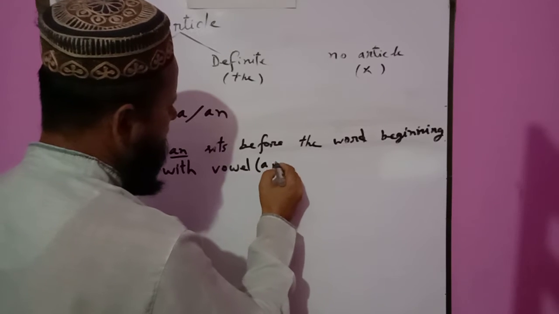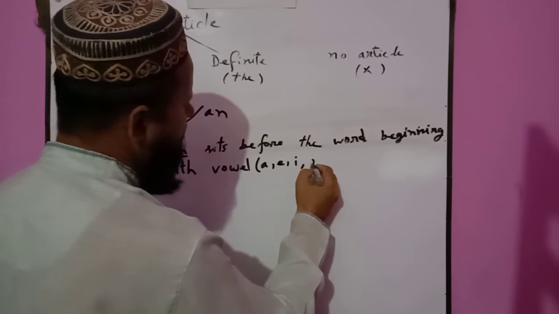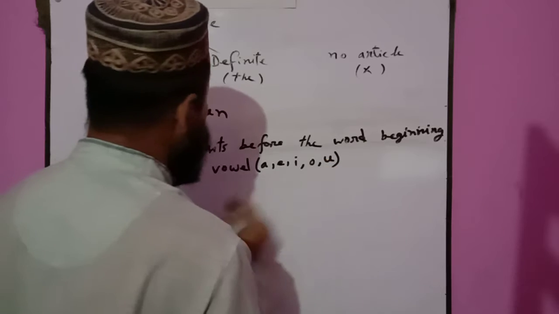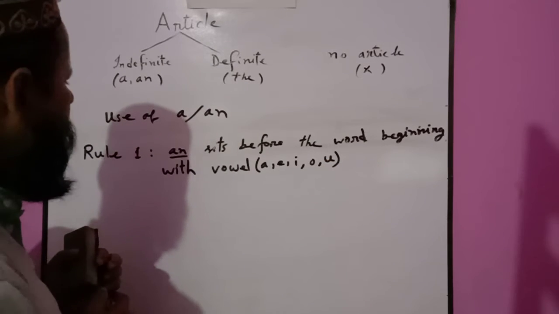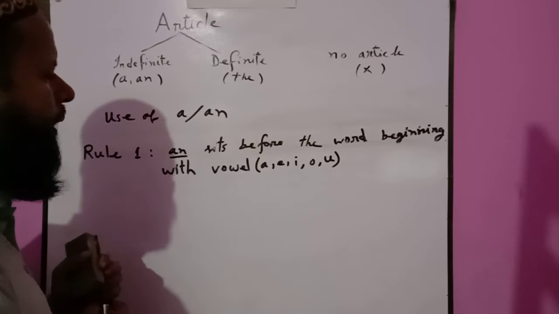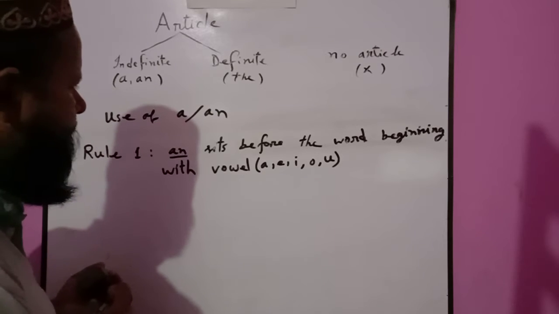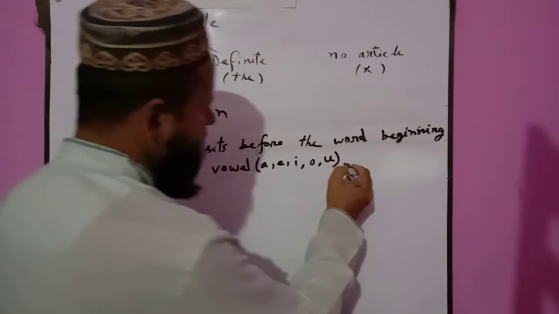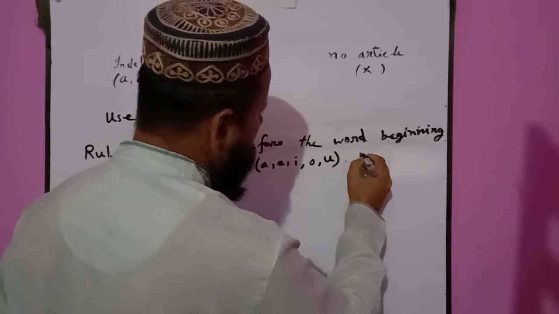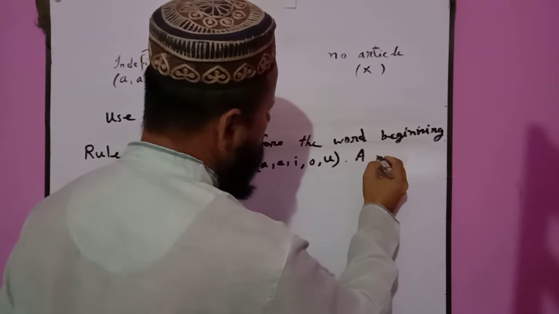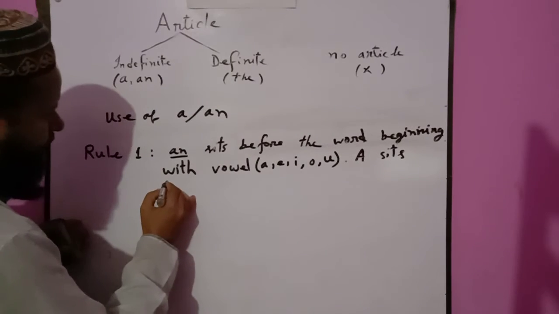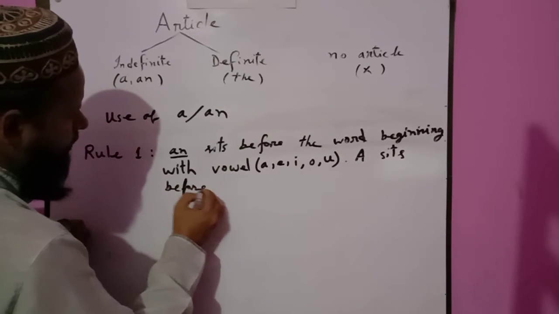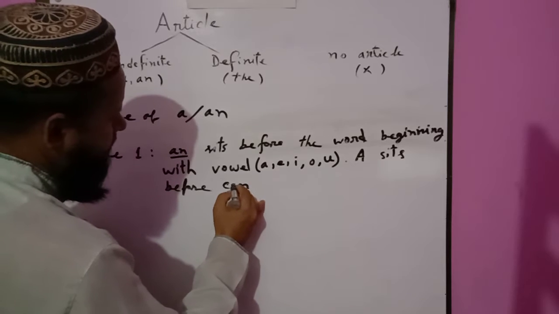Vowel: A, E, I, O, U. A sits before consonant.